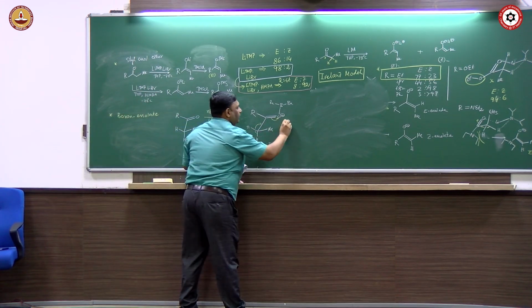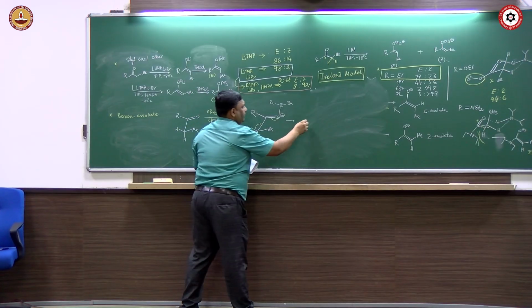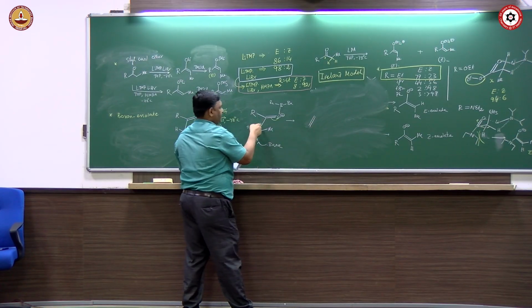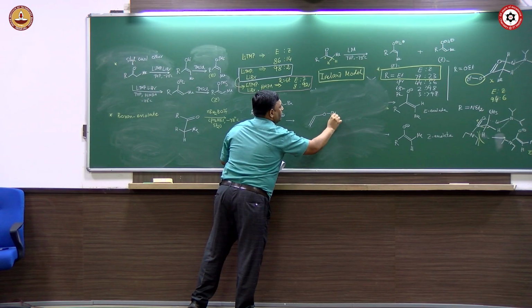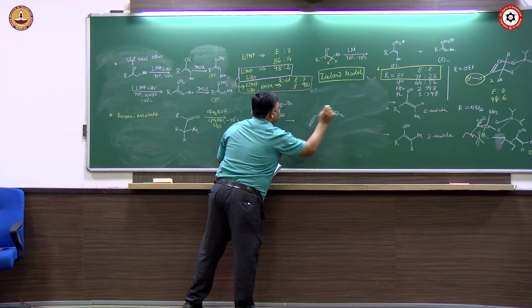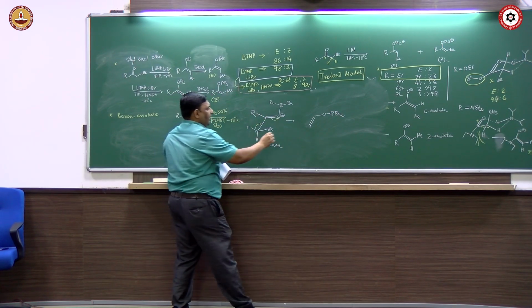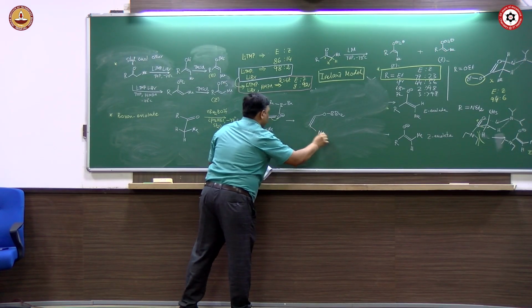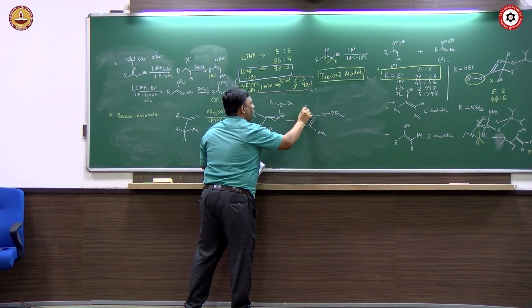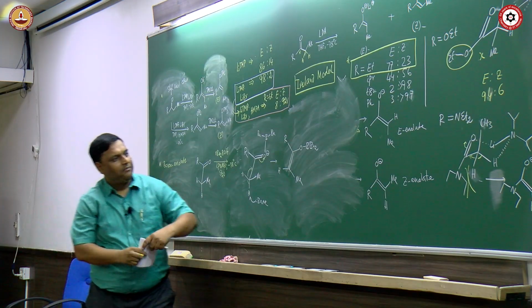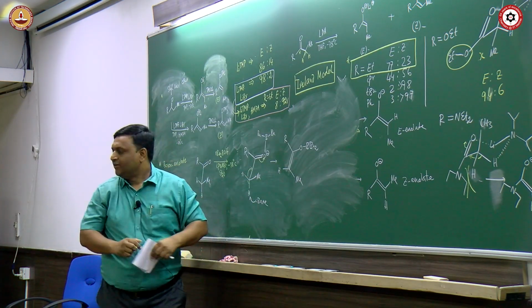So I can draw that in this particular condition. The double bond is forming, and this is O-B-butyl 2, and a methyl, and a hydrogen and the R group. That means I am getting a Z enolate.